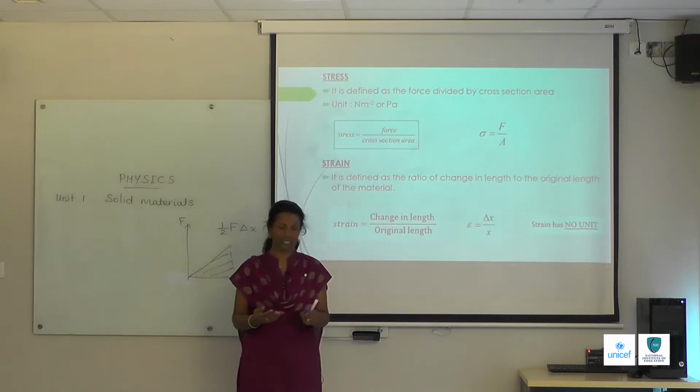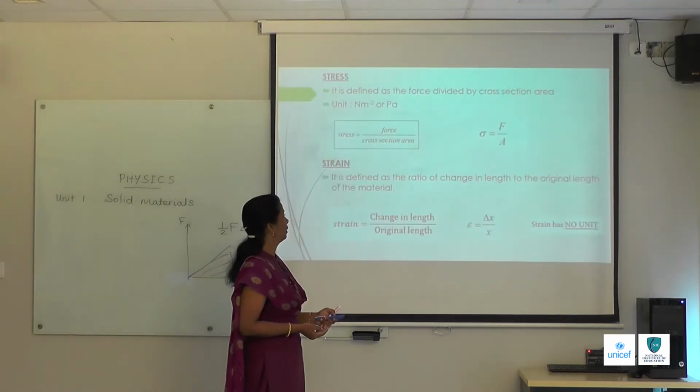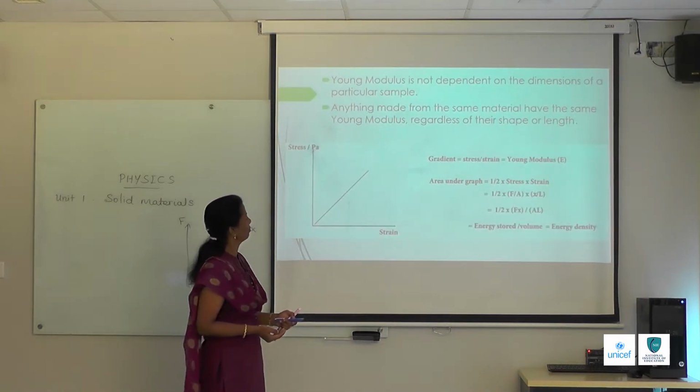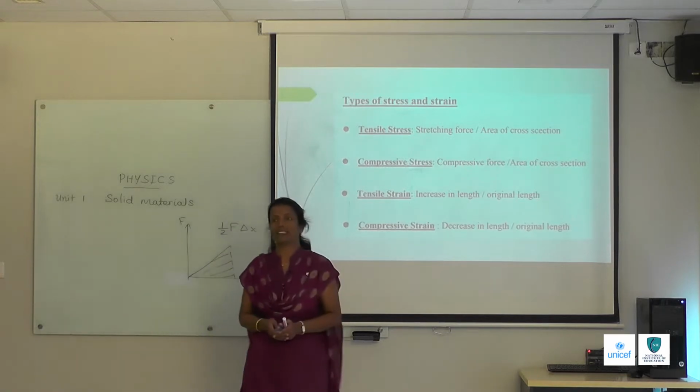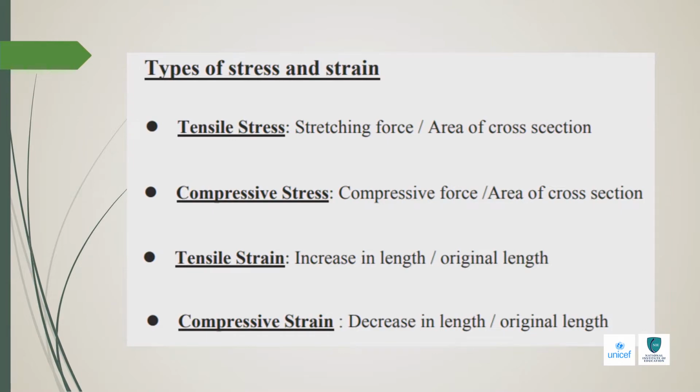So, what exactly is this tensile stress? Tensile stress is the stretching force per area of cross section. So, when a metal is subjected to stretching force or when the material is subjected to tension, it experiences tensile stress.